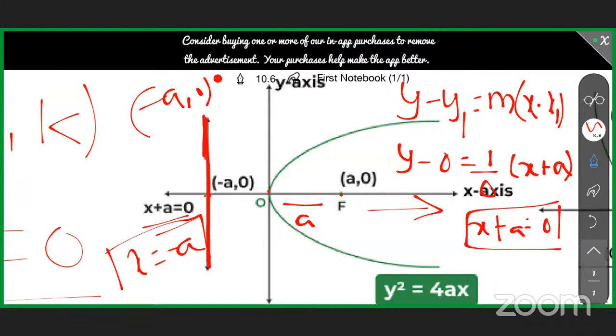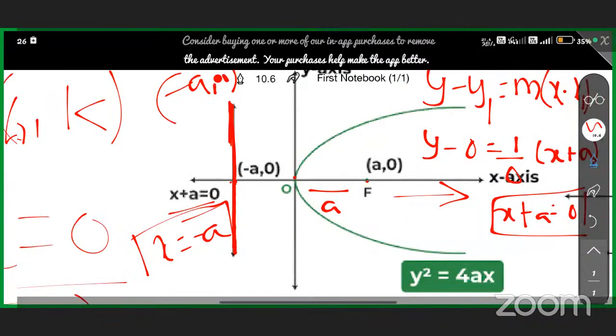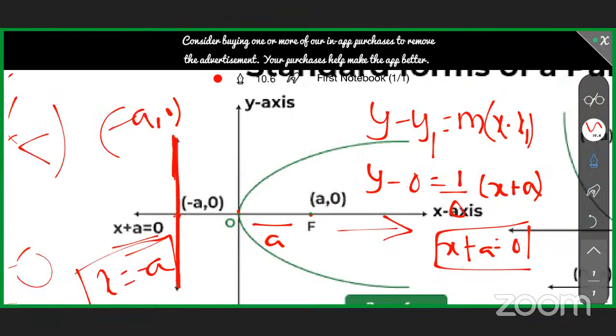So we are using the concept of straight lines even in conic sections. Now, just recall what we discussed in the first section of parabola, listen fully.